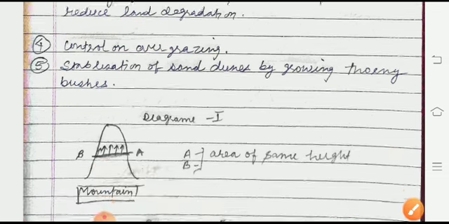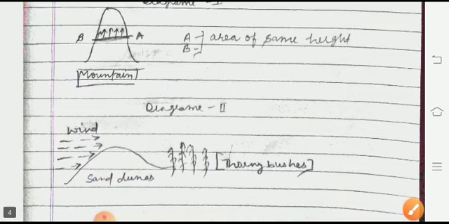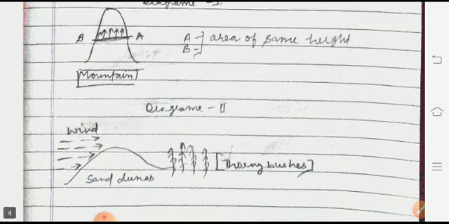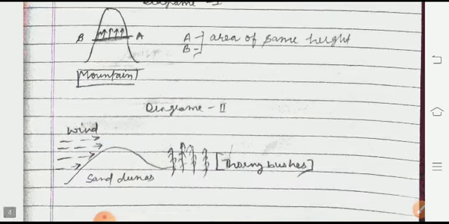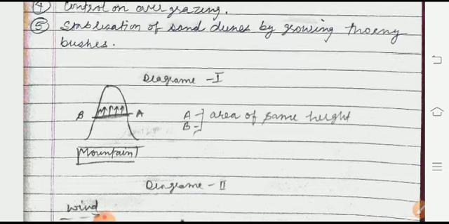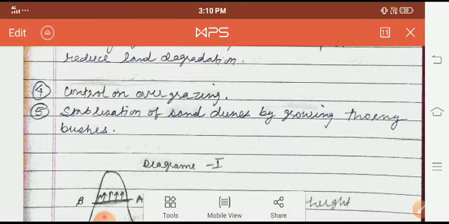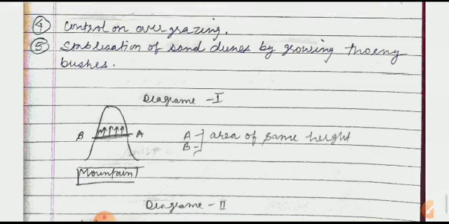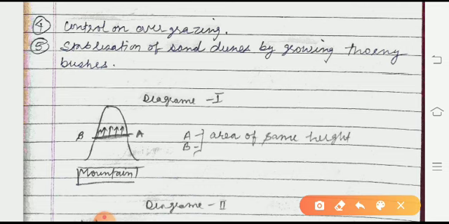So further we have two diagrams. These diagrams help us understand how contour plowing and shelter belts stabilize sand dunes. In diagram 1, this is a triangle, which we are going to consider as a mountain.